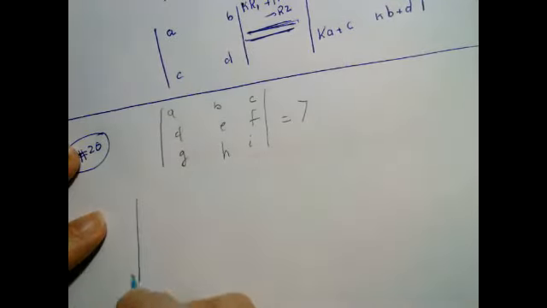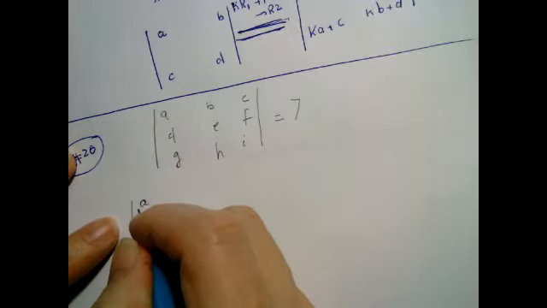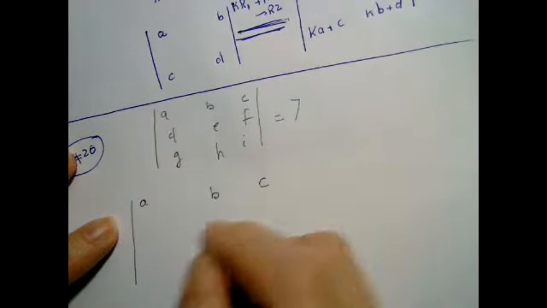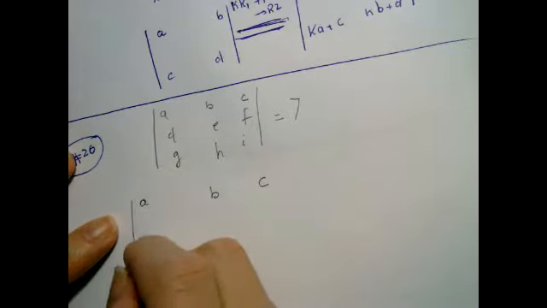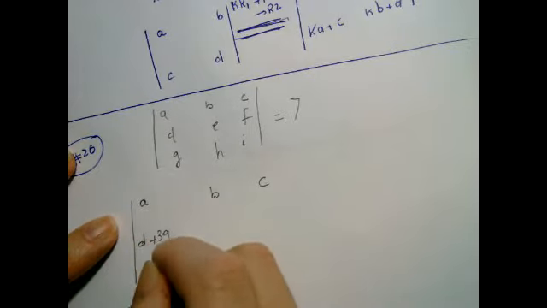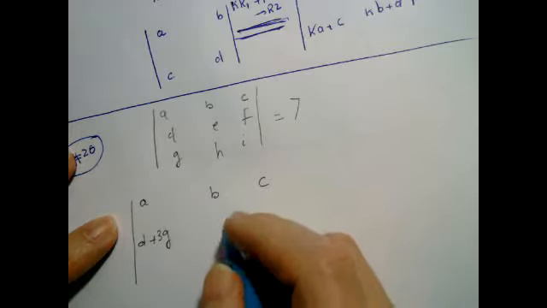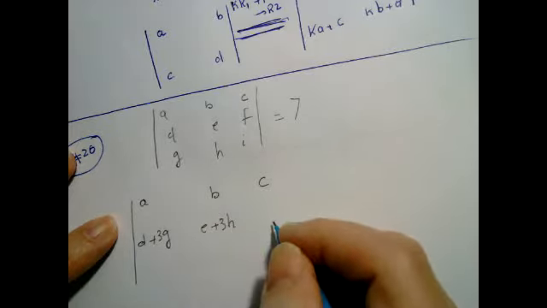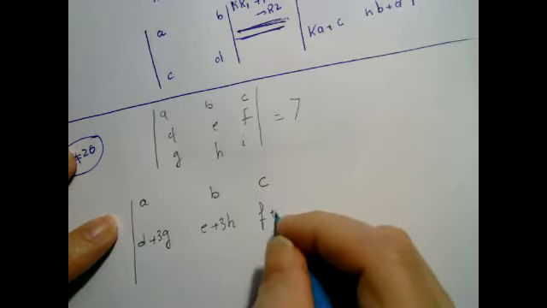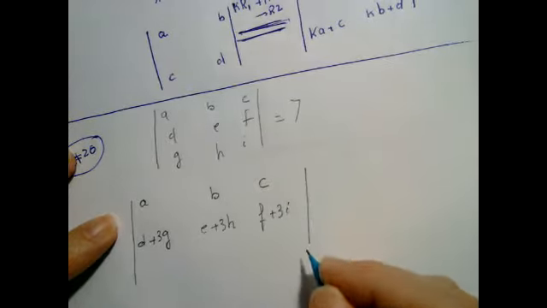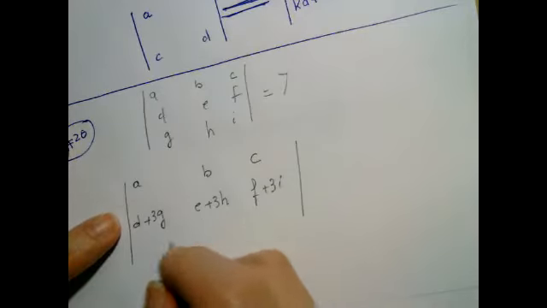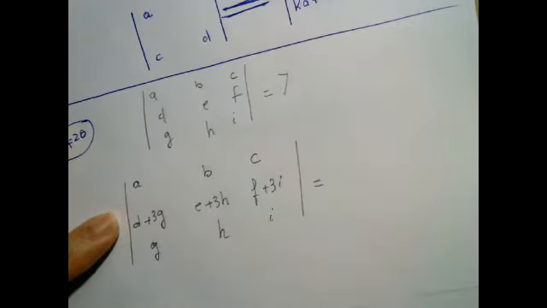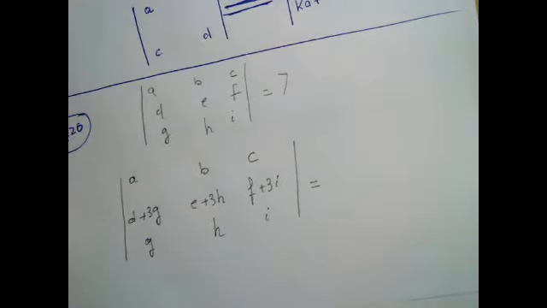So number 20 tells me to take the following matrix: A, B, C; then D plus 3G, E plus 3H, and F plus 3I; and finally here it will give me G, H, I. And they want me to find the determinant of this matrix.